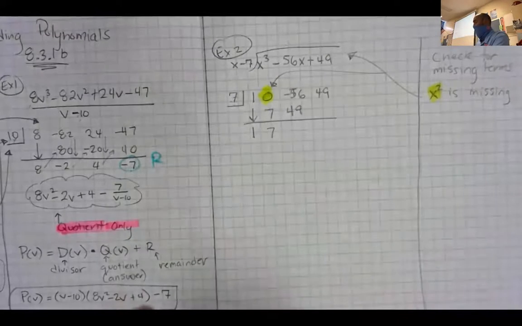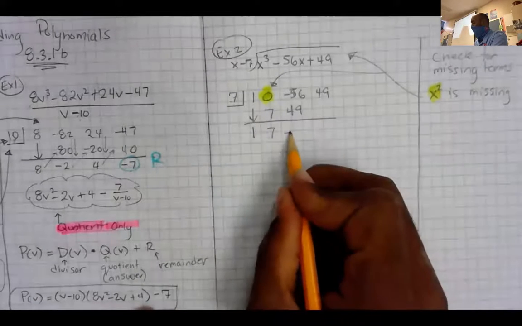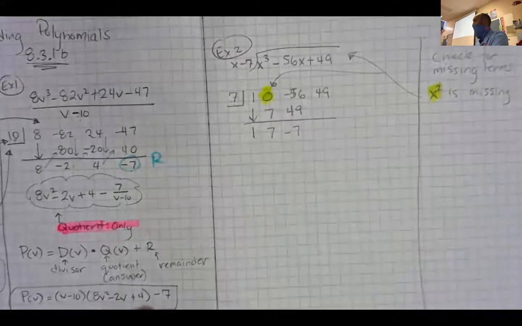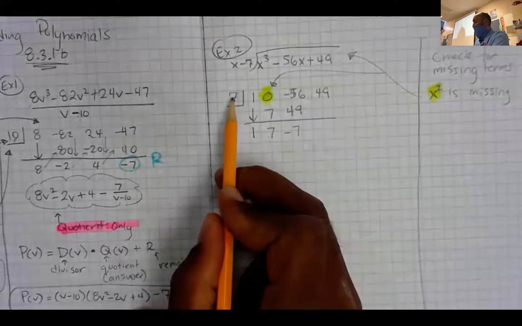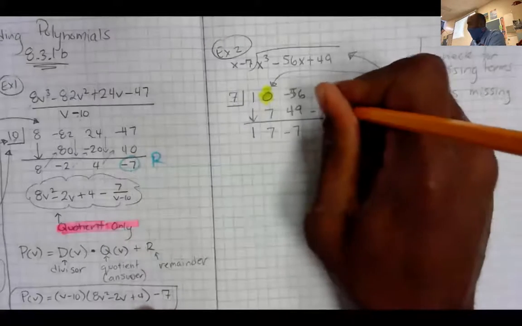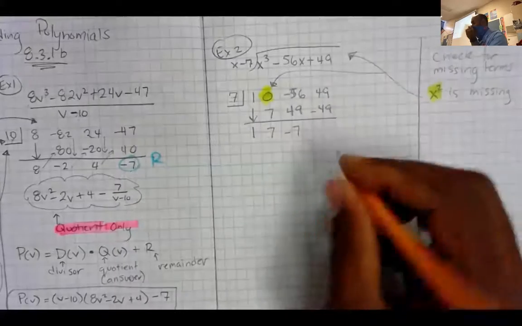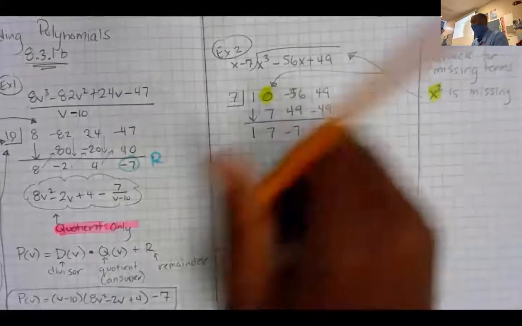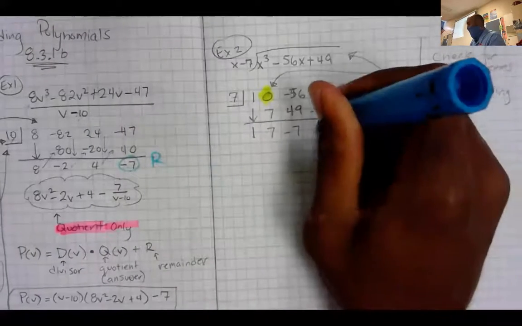Then add again. That gives you negative 7. And then again, multiply 7 times negative 7, minus 49. And you can see we end up with 0. So my remainder is 0.